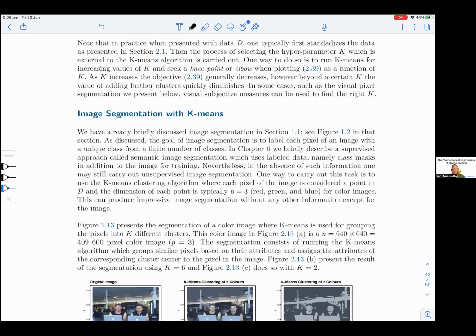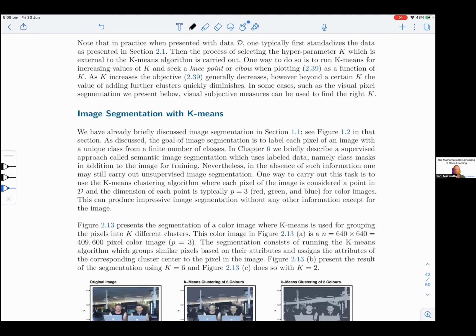One way to do so is to run k-means for increasing values of k and seek a knee point or elbow when plotting equation 2.39, the loss function, the cost function, as a function of k. As k increases, the objective generally decreases. However, beyond a certain k, the value of adding further clusters diminishes.